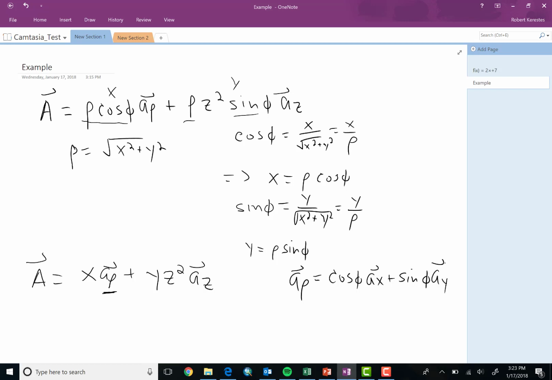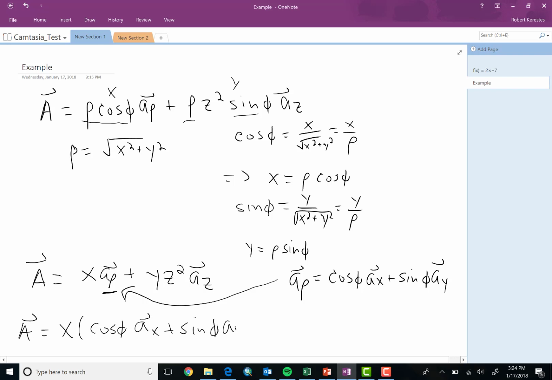And we derived that in class the other day, and that can now just be used since we derived it. So all we have to do is substitute rho in over here in our vector equation, and what we have is A is equal to x, and I'm going to substitute rho in there, and I have cosine of phi Ax plus sine of phi Ay, right?